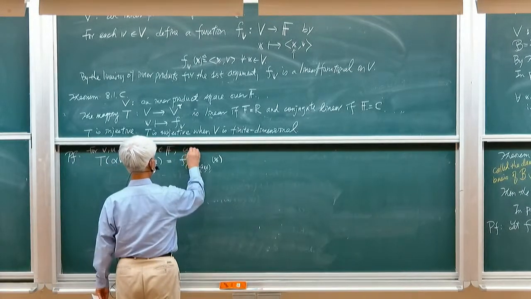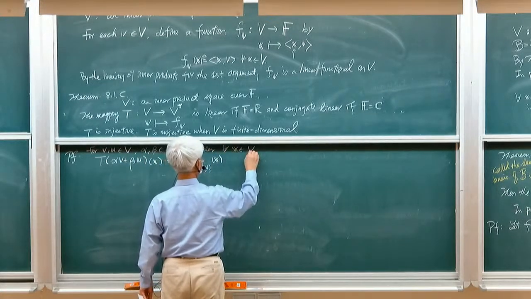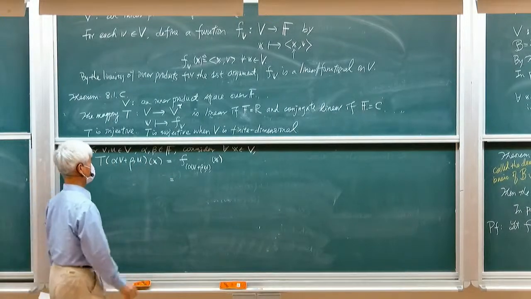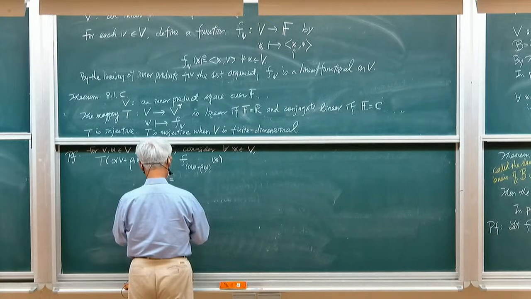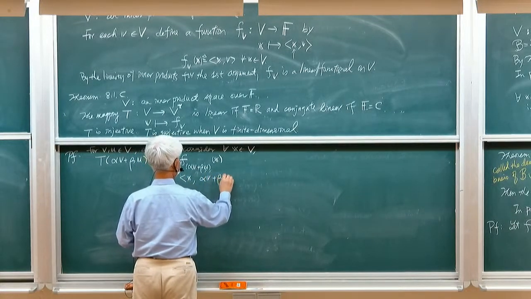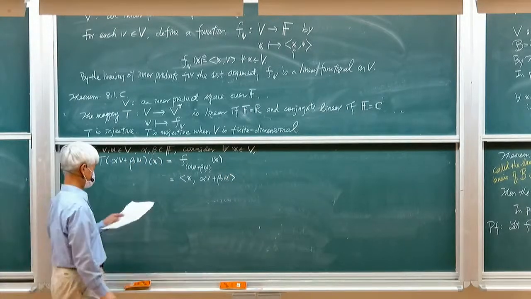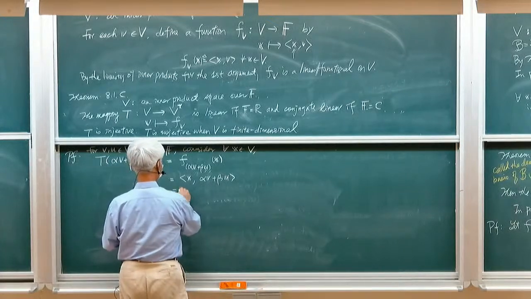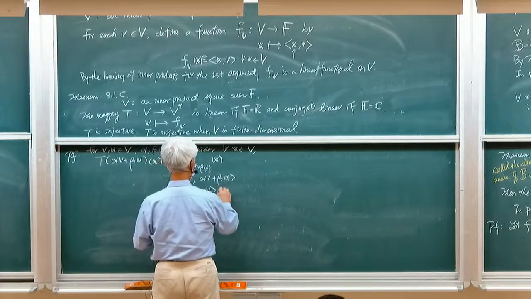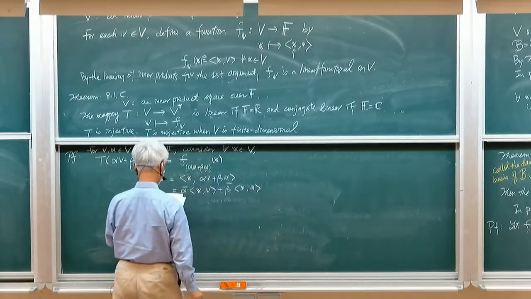So consider, for all x in V, this is the inner product of x with alpha v plus beta u, by definition. And this is alpha bar times the inner product of x and v, plus beta bar times the inner product of x and u.